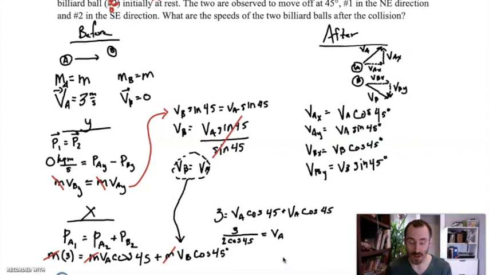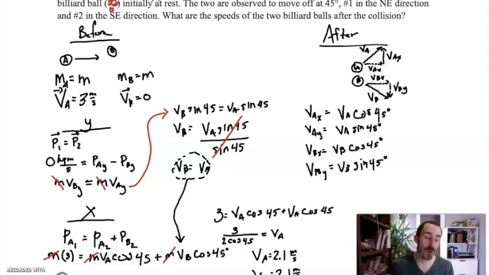And what you end up with when you do 3 divided by 2 times the cosine of 45 is 2.1 meters per second. So VA is 2.1 meters per second. And then we also know that VB is the same, 2.1 meters per second.